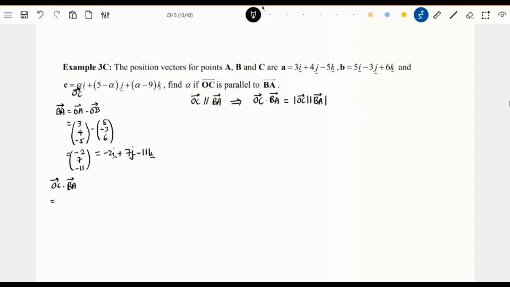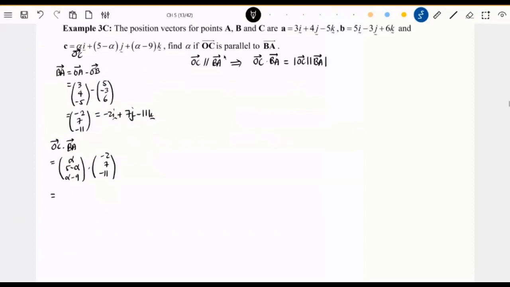So we're going to have OC adalah alpha, 5 minus alpha, alpha minus 9, times with the BA adalah negative 2, 7, negative 11. So simplify, kita akan dapat negative 2 alpha plus 35 minus 7 alpha minus 11 alpha plus 99. Okay, so simplify dapat berapa ni? Alpha dapat berapa?